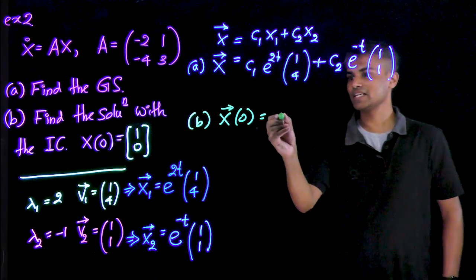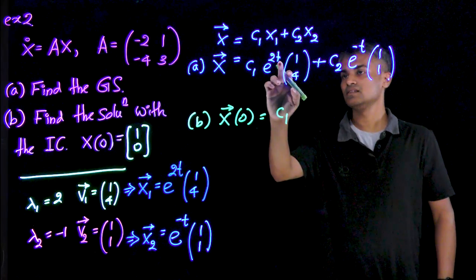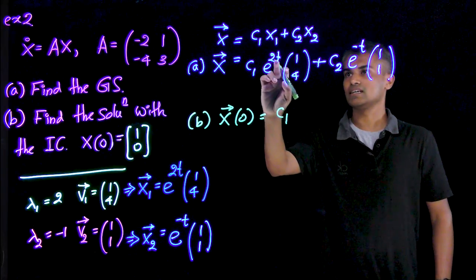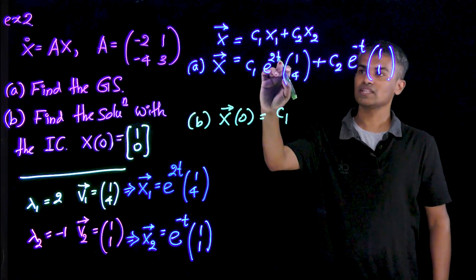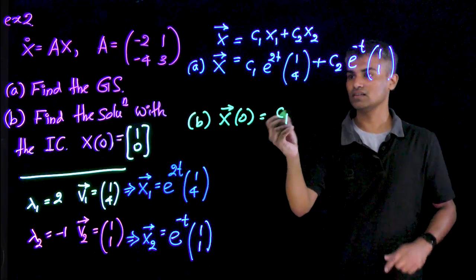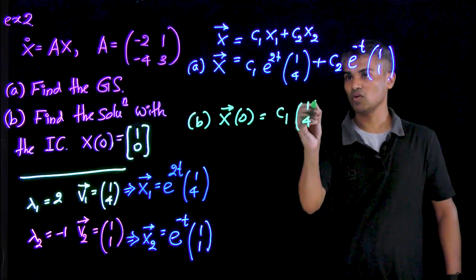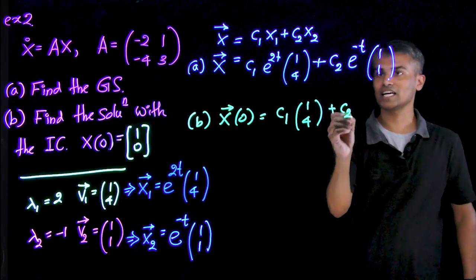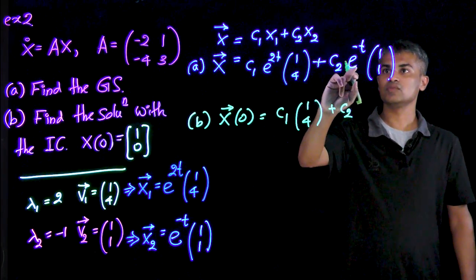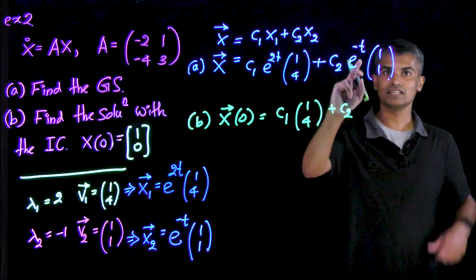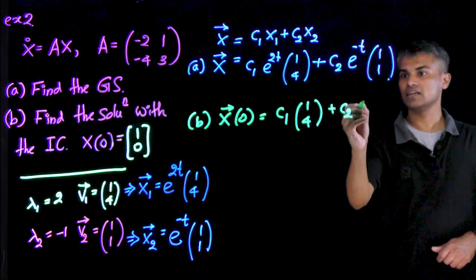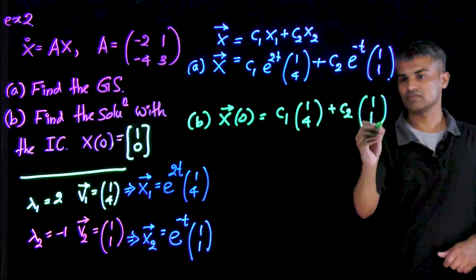If we do that, you will get c1 e to the 2 times 0, which is 0, and e to the 0 is 1. So you will get c1 times the vector (1, 4) plus c2 times, again e to the power 0, which is 1, times the vector (1, 1).